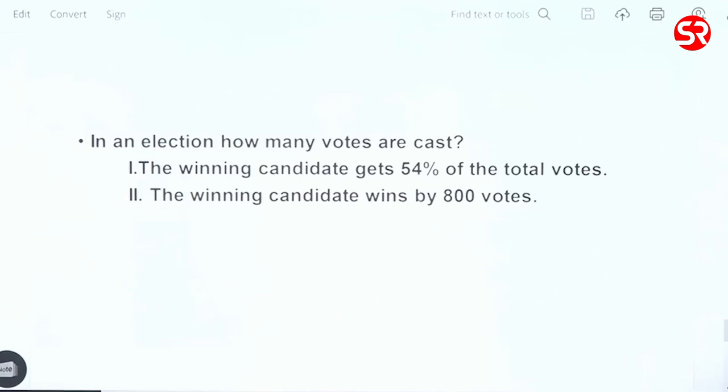Three. 1 also, 2 also required, which means you are saying the answer is 3. Read each and everything given in this question. 3.